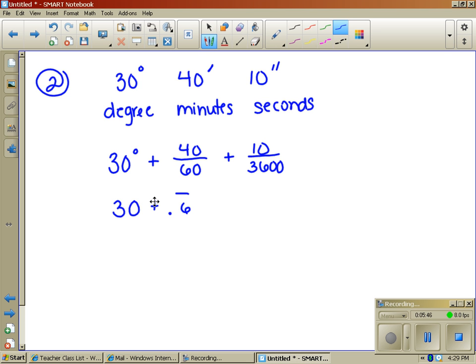You get 0.0027 repeating. So if I wanted this to 3 decimal places, 0.6 repeating would round to 0.667, and the 0.0027 would round to 0.003.